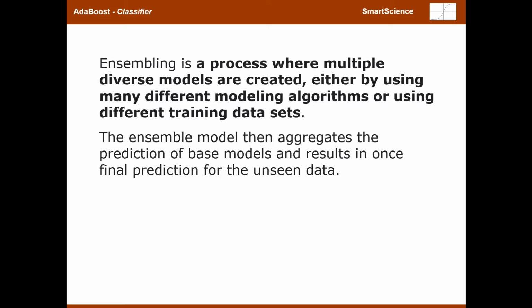We may build different models and bring the results together, or we may build the same model, meaning the algorithm is the same, but we will use different data sets and then bring the results together.